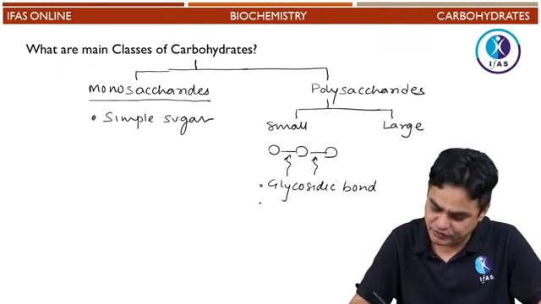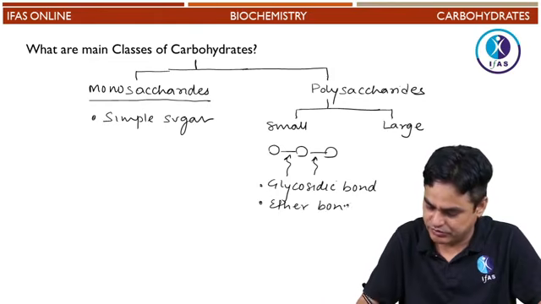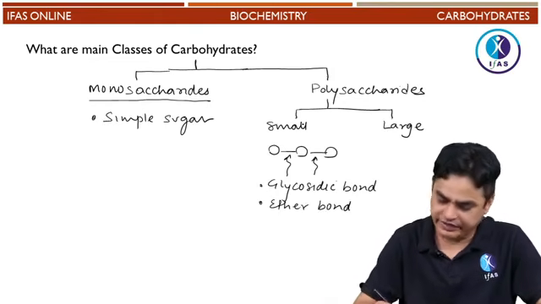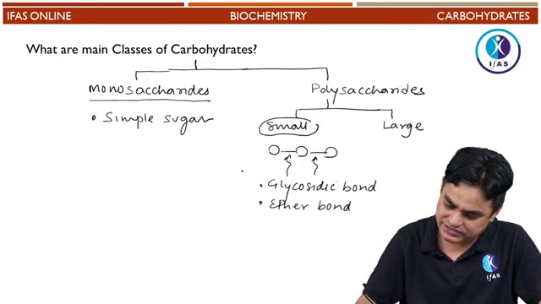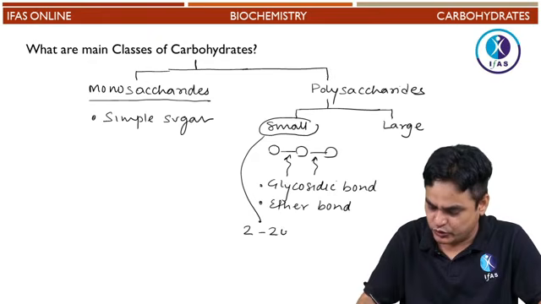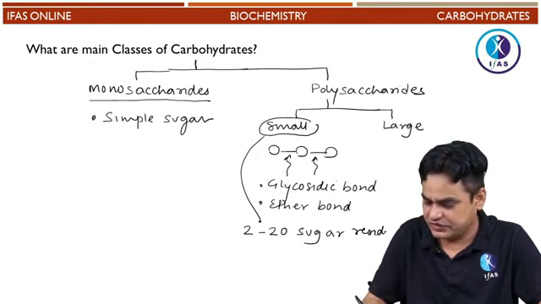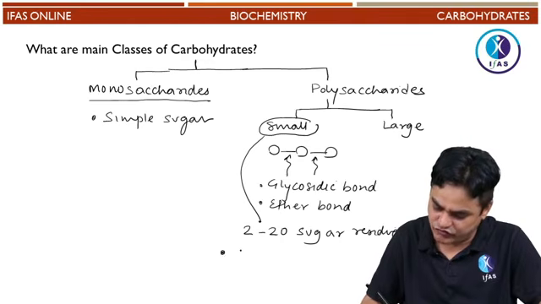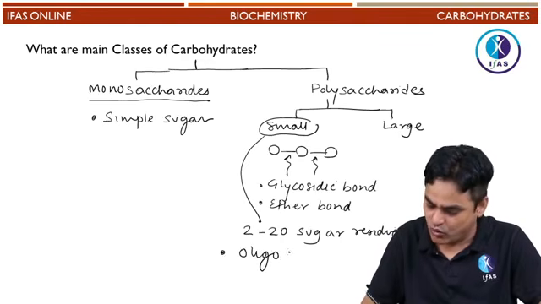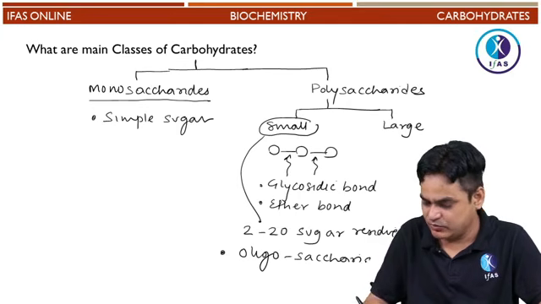Basically, from chemistry point of view, this bond is an ether bond. If polysaccharides are small, that is having 2 to 20 sugar residues, then such polysaccharides are often referred to as oligosaccharides.